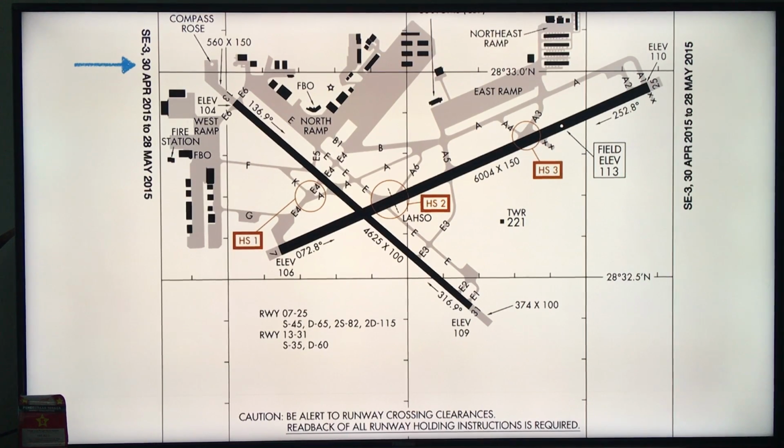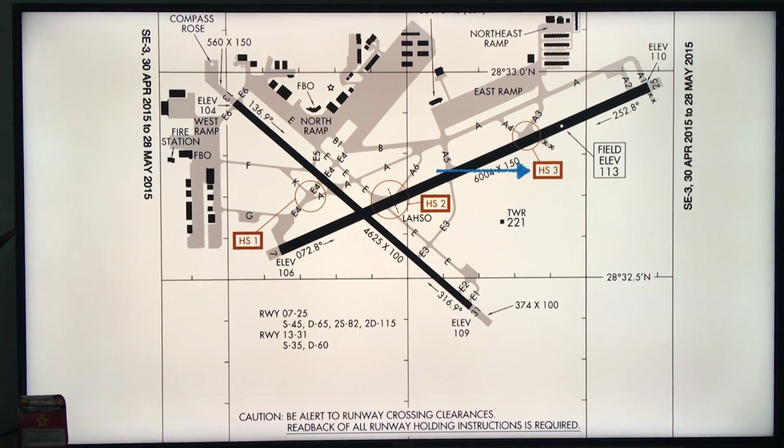From there, we can take a look over at these HS1s. I'm just kind of showing you some different nuances here. You see this HS1 with a line and a circle. You see HS2 with a line and a circle. You also see HS3 with a line and a circle. These are warning you of hot spots for runway incursions.